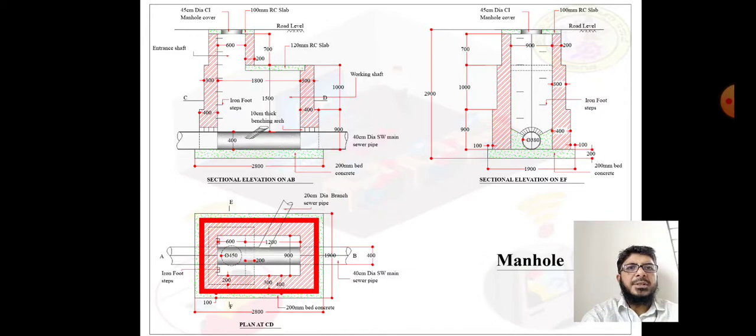First we will see the sectional elevation on section AB. AB means it is the section line cut in the plan. Now we will see the sectional elevation on AB.